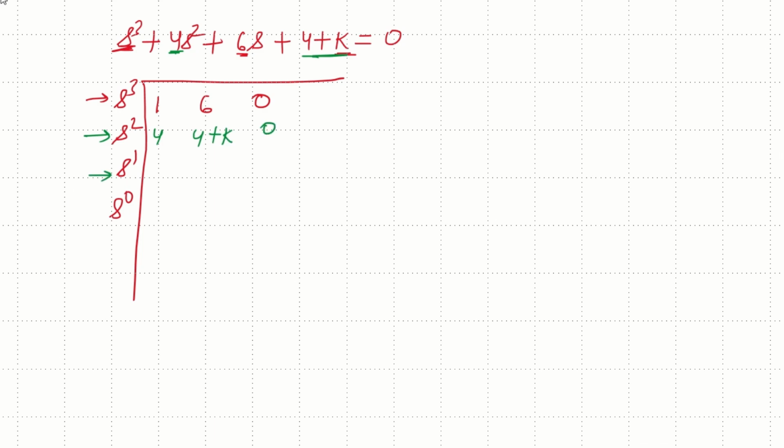Now the first element of the s to power 1 row will be (4 into 6 minus (4 plus K) into 1) divided by 4. So this will come out to be (20 minus K) divided by 4.